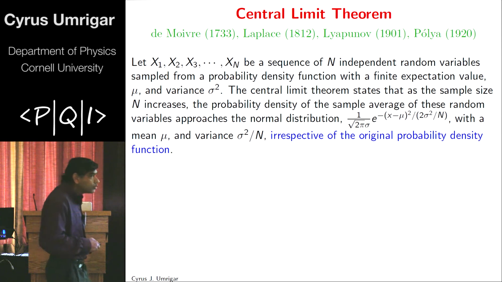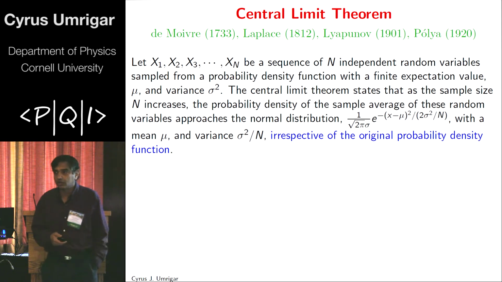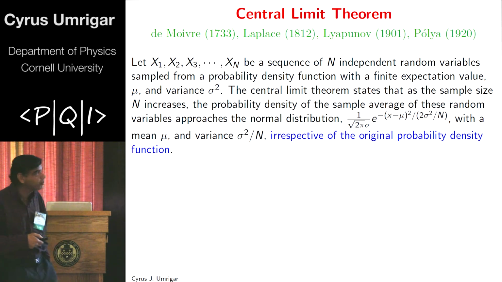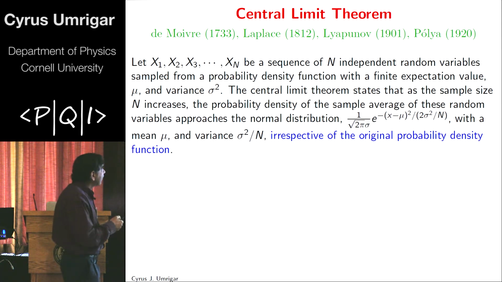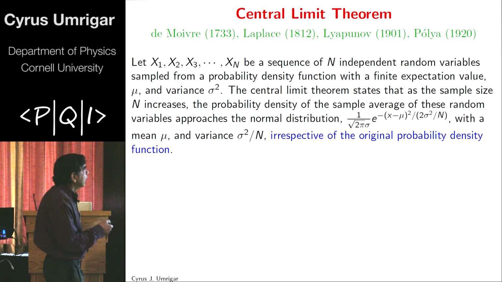So first let's talk about Monte Carlo before we start talking about quantum Monte Carlo. Monte Carlo methods are based on the central limit theorem. If I have a sequence of independent random variables that are drawn from a probability density function that has a finite value and a finite variance, then the central limit theorem states that as I increase the sample size, the averages of these n fluctuating variables are going to give you a Gaussian distribution.